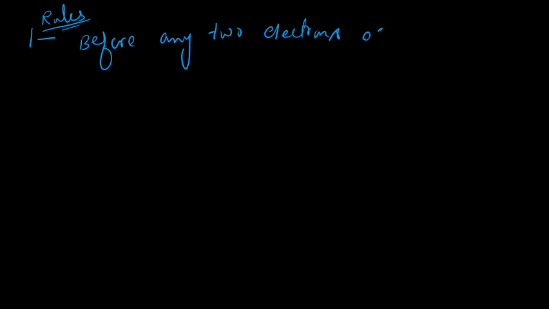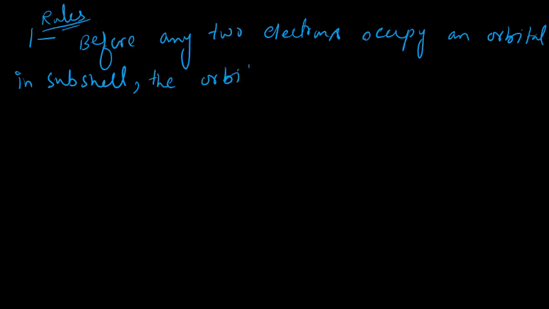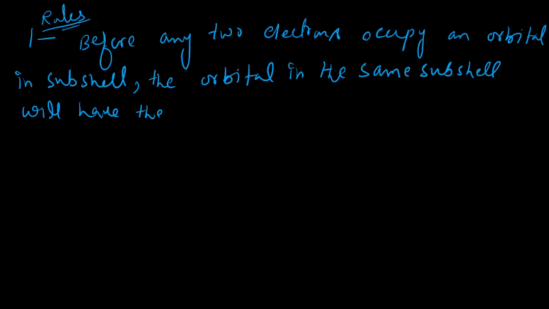The first rule is that before any two electrons occupy an orbital in a subshell, the orbitals in the same subshell will have parallel spin. So this is the first rule.